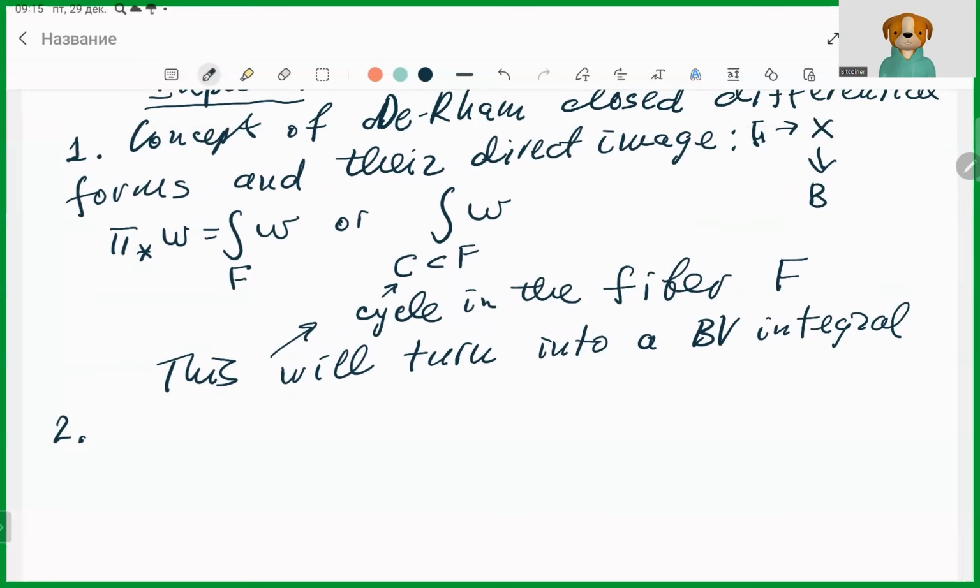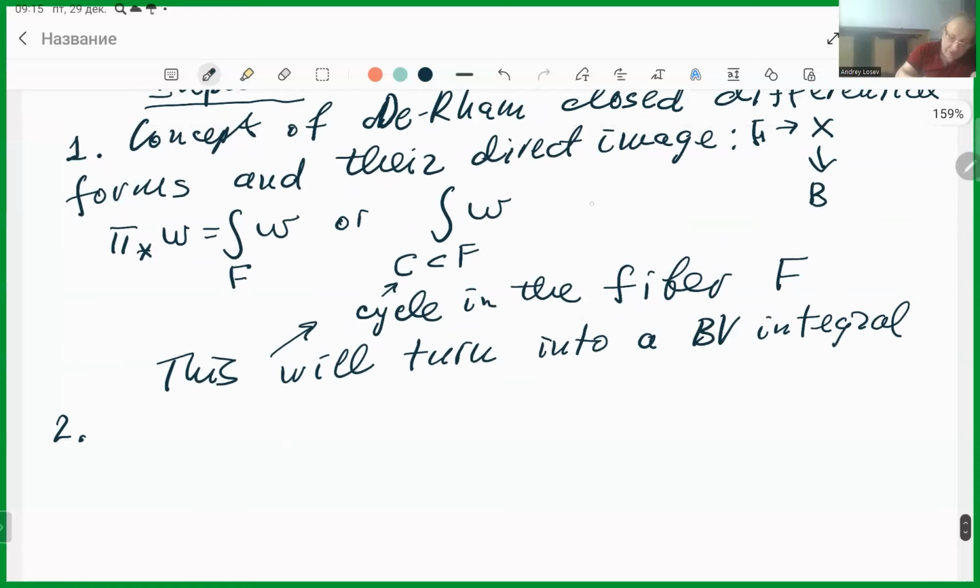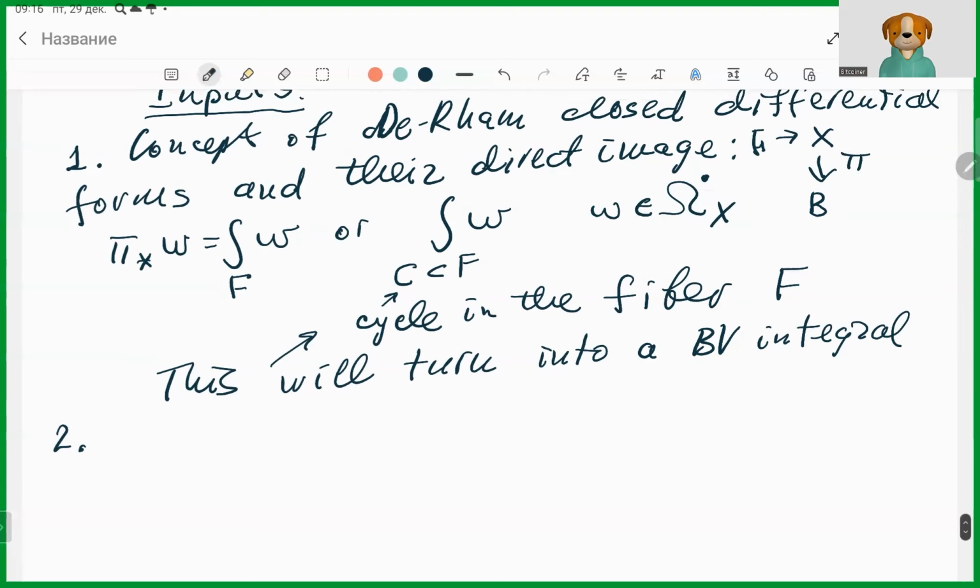Excuse me, Professor. Yes? What is omega? Omega is a differential form on X. I will say more about it, I just outline. And what is pi? Pi is, I suppose, a projection. Yes, thank you. Pi is a projection.